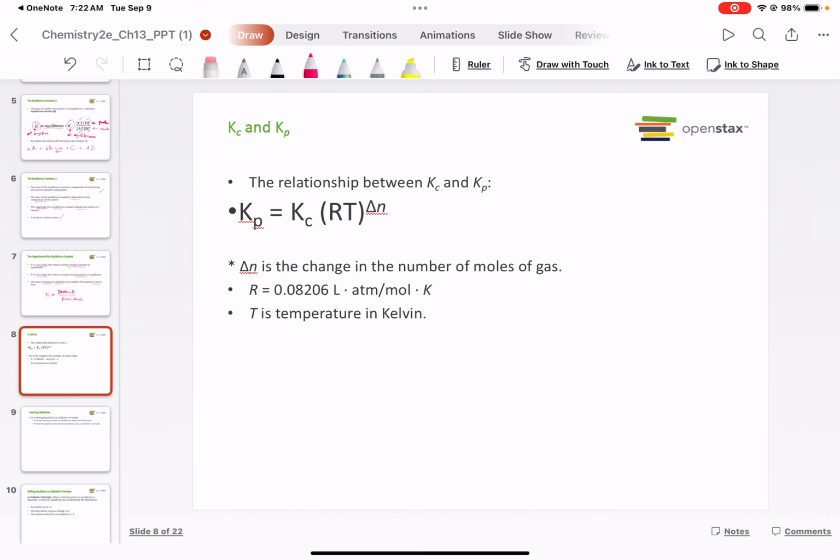Okay, for Kc and Kp, remember P is pressure, and C is concentration.